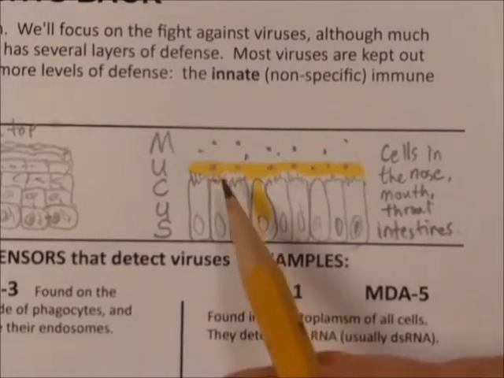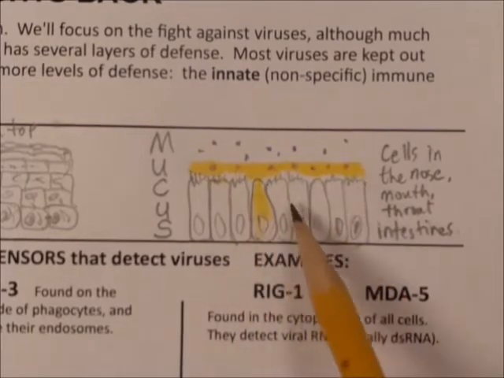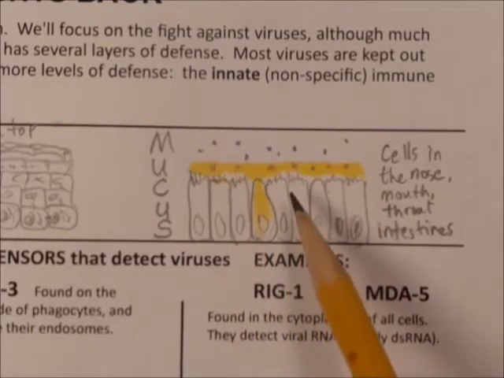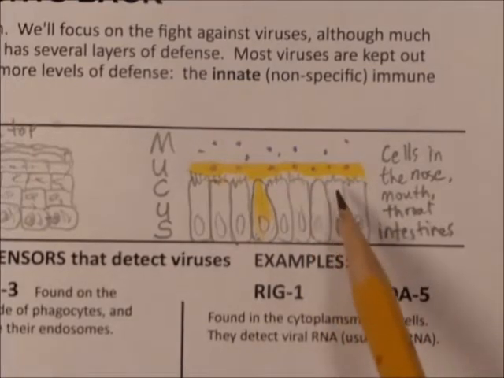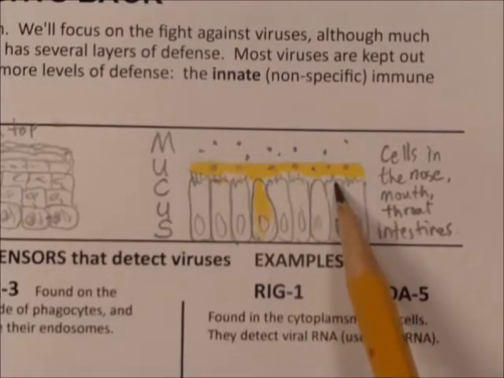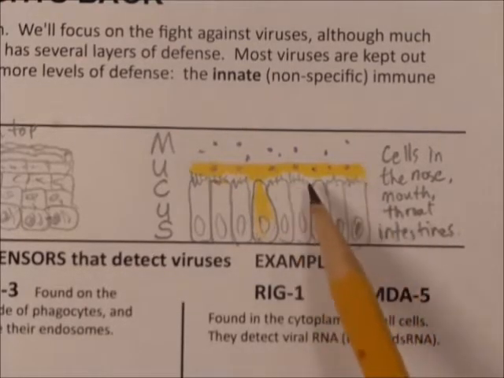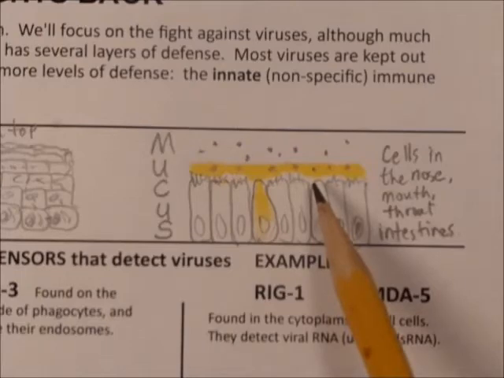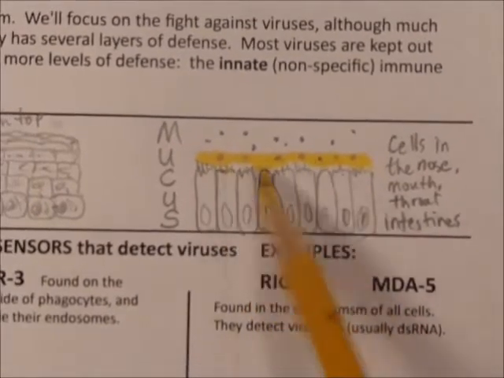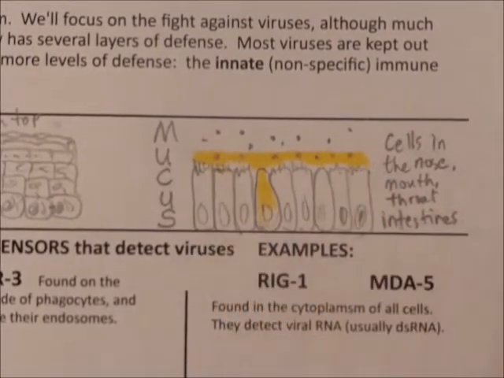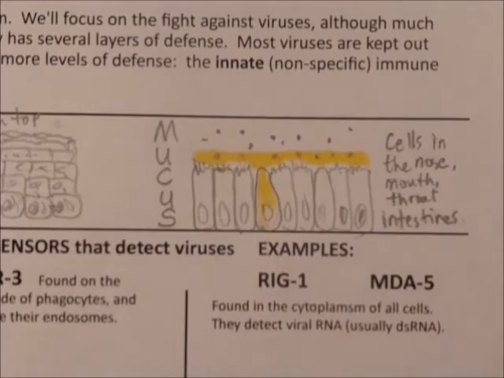Of course, the eventual fate of this mucus, if it's in the nose, throat, lungs, is that it's going to get coughed up or sniffed or swallowed. It'll end up in the stomach where there's very strong acids that will hopefully digest all the little pathogens. And if it's in the intestines, then it'll just go out with the waste material. So the mucus will eventually end up getting flushed out, and hopefully these viruses will just get flushed out along with the mucus.